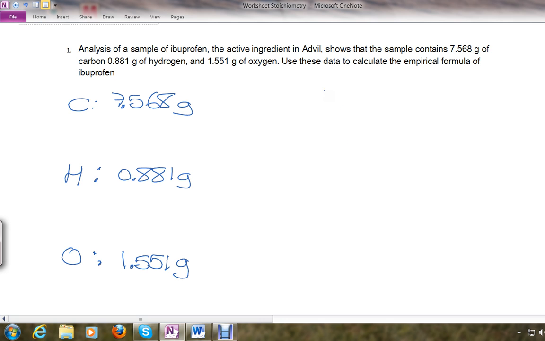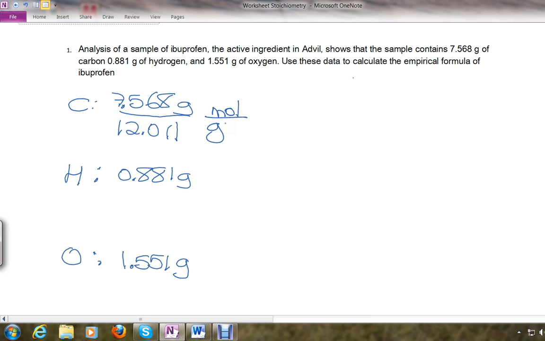grams of each one. So the only thing you have to do is convert each one to moles by dividing by the atomic mass of each one. So the carbon is 12.011 grams per mole. If you're dividing by the molar mass, the unit would be moles over grams.